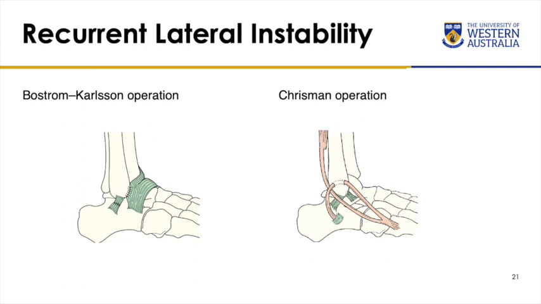They fall basically into two groups: those that aim to repair or tighten the ligaments, such as the Brostrom procedure pictured on the left, and those that are designed to construct a check rein against the unstable movements, such as the Chrisman operation pictured on the right.